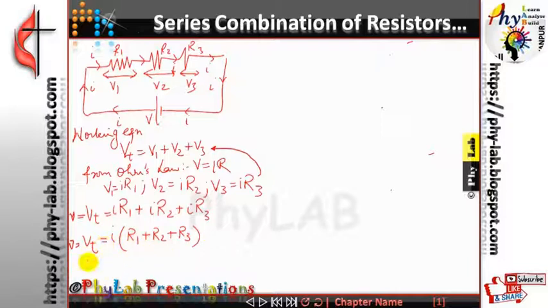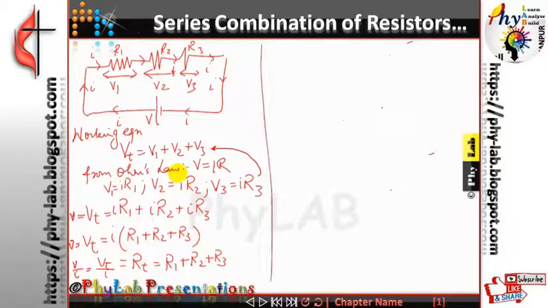I can take I common on the right hand side, and bring it to the left hand side. So V upon I, okay students, V upon I is equal to R total is equal to R1 plus R2 plus R3. So you can see that the net resistance in a series combination comes out to be R1 plus R2 plus R3.